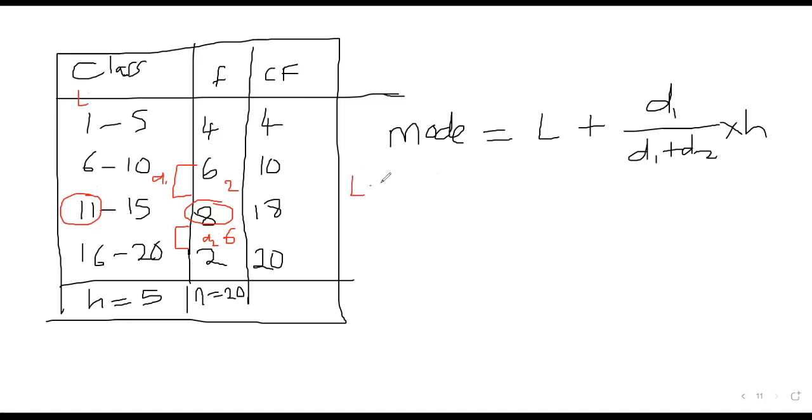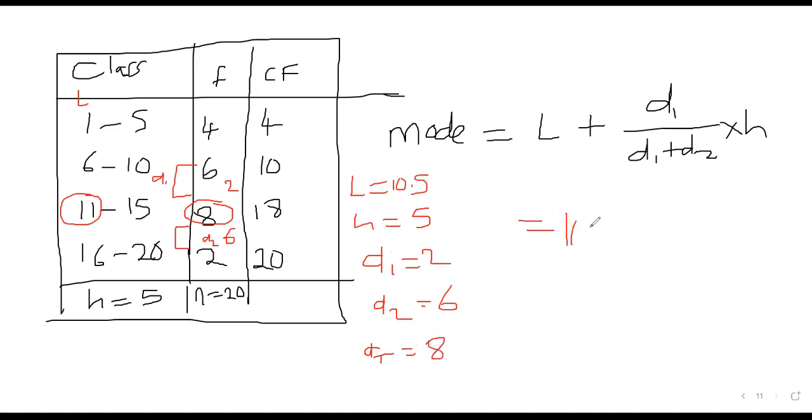So what is our L? 10.5. What is our height? 5. What is our D1? 2. What is our D2? 6. And our total distance is what? 8. So we just simply fuse it up here. 10.5 plus D1, which is 2, over the total of D1 and D2, which is 8, times the height, which is 5.